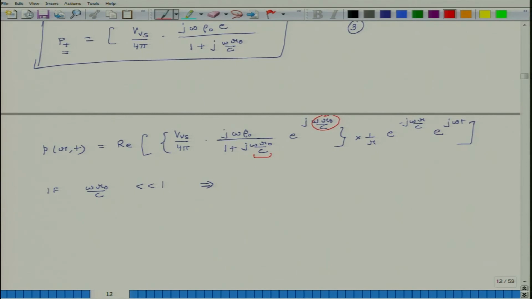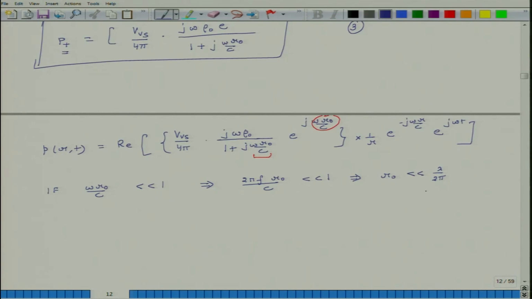So, if omega r naught divided by c is very small compared to 1, then, what is omega? It is 2 pi f. So r naught by c is very small compared to 1, which implies, now f over c is 1 over lambda, which implies that r naught is very small compared to lambda over 2 pi.